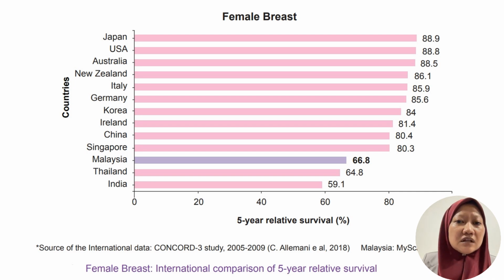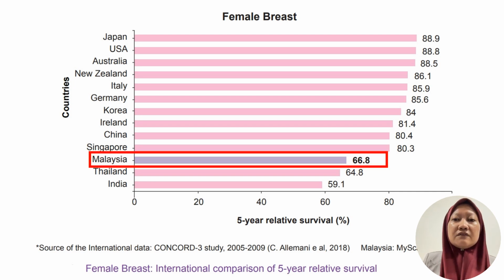But unfortunately, many of our patients present late at stage 3 and stage 4. This late presentation contributes to poorer 5-year overall survival rates compared to those in developed countries such as the United States or Japan, or even our neighboring countries like Singapore.